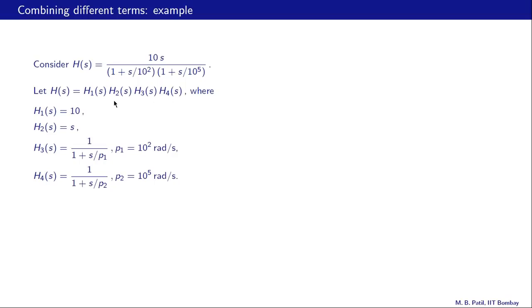Now this function can be written as a product of four functions, h1, h2, h3, h4. h1 is 10, h2 is s, h3 is this pole at 10 raised to 2. So it can be written as 1 over 1 plus s by p1, where p1 is 10 raised to 2 radians per second. h4 is this other pole, 1 over 1 plus s by p2, where p2 is 10 raised to 5 radians per second.